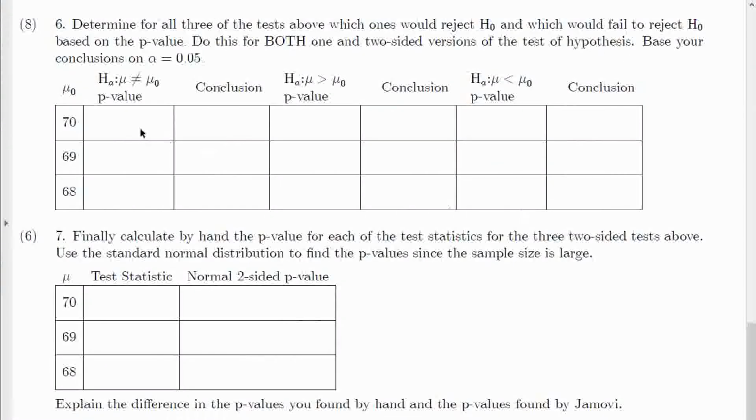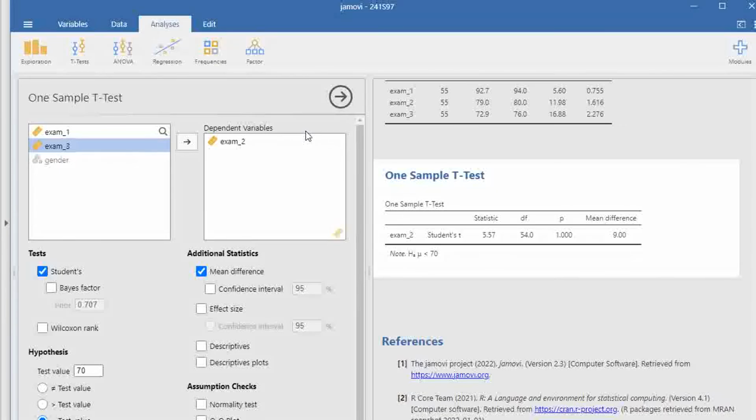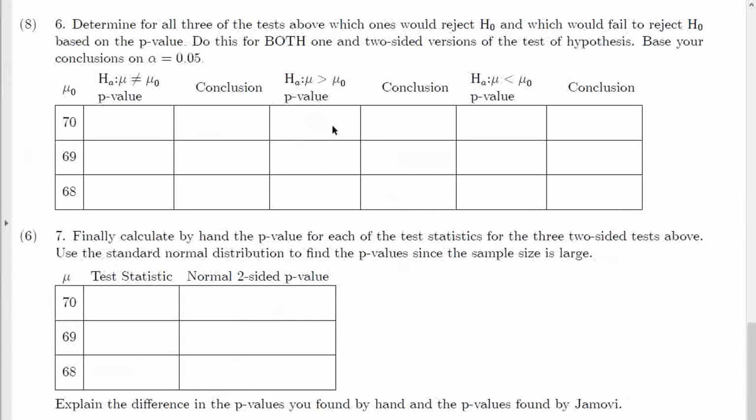So for exam 2, I would put less than 0.001 reject, less than 0.001 reject, and 1.0 do not reject. Or I'm sorry, across here. Less than 0.001 reject, greater than was less than 0.001 reject, 1.0 do not reject.